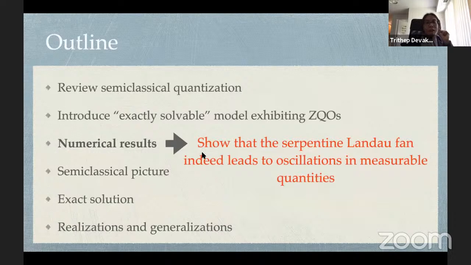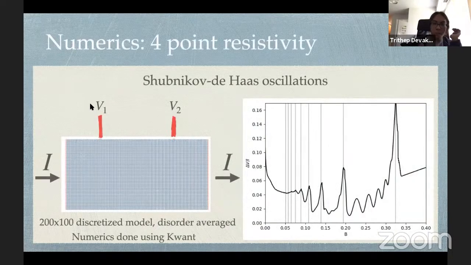So now I've shown you that you have all sorts of states that are crossing the Fermi energy. Now I want to show you that indeed these crossings do lead to oscillations in measurable quantities, and I'll do that by showing you some quick numerical calculations. So first of all, 4-point resistivity. I just did some numerics using this Python package Kwant.